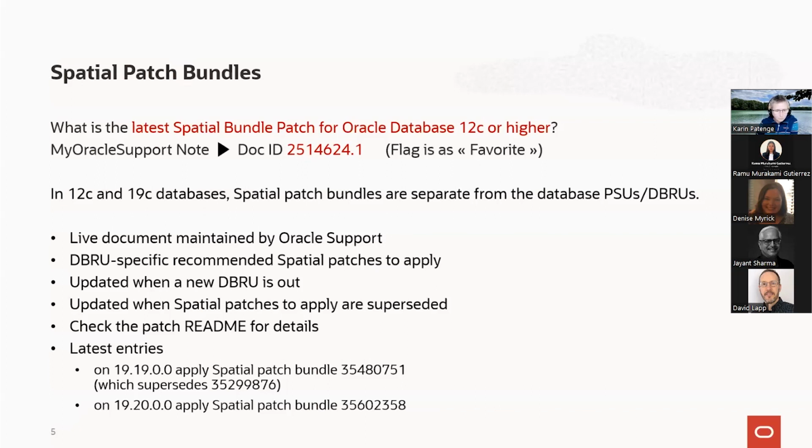And here, just for the last two entries, since we are with the Oracle database version 19c, we have 19.20 as a current version. So the spatial patch bundle has a number which is displayed here. So make sure that the software is properly installed with all the necessary spatial bundle patches.